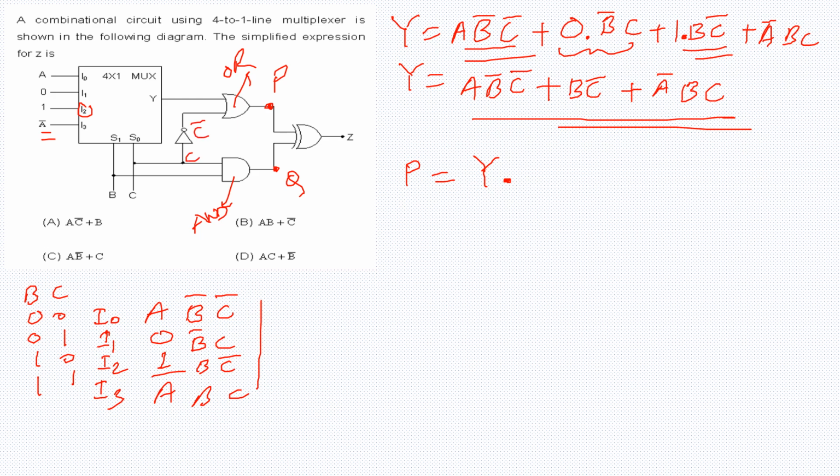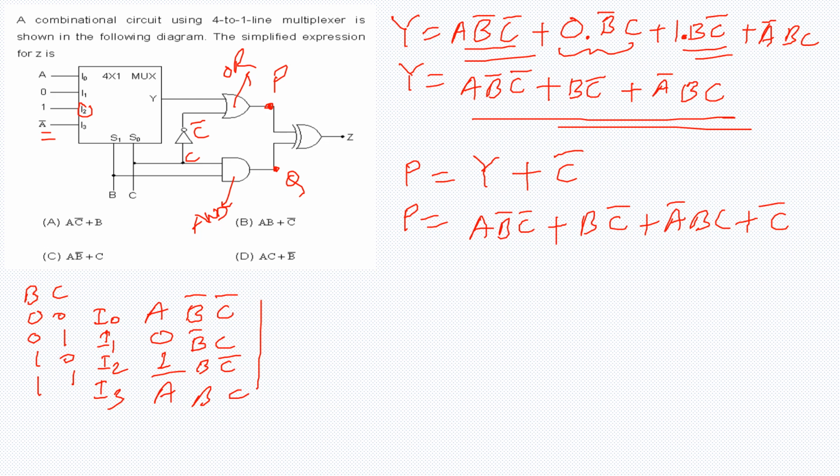Not dot, it will be OR, because this is an OR gate, so it will be Y plus C bar. So simply my P is going to be Y, which is A B bar C bar plus B C bar plus A bar B C plus C bar.